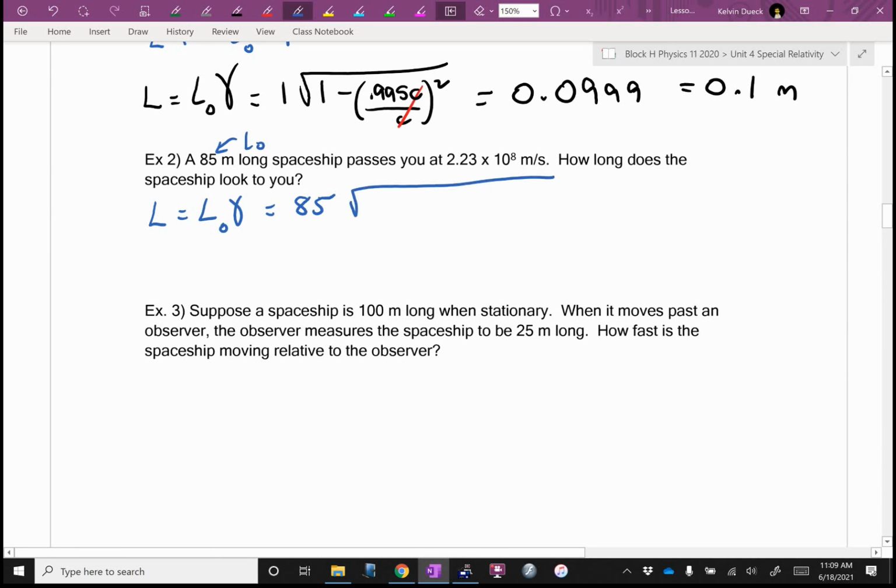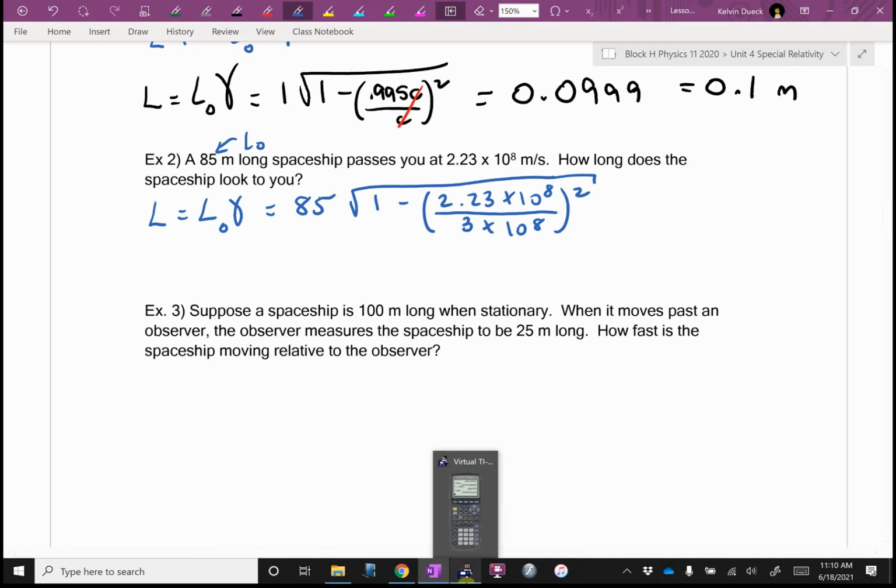Square root of, are the c's going to cancel this time? No. So I'm going to have to go like we did earlier, 2.23 times 10 to the 8th divided by 3 times 10 to the 8th. Don't forget the squared. But okay, I got a good calculator.